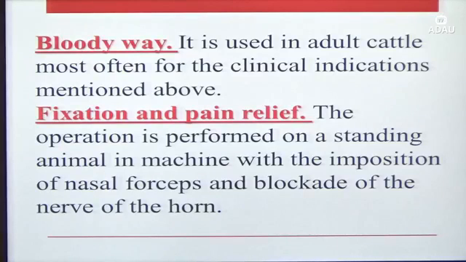The operation is performed on a standing animal, positioned in the machine. We should keep the head with the horns, and we use nasal forceps during the operation, needle holders, needles, reeds, and special forceps for removing the horn.